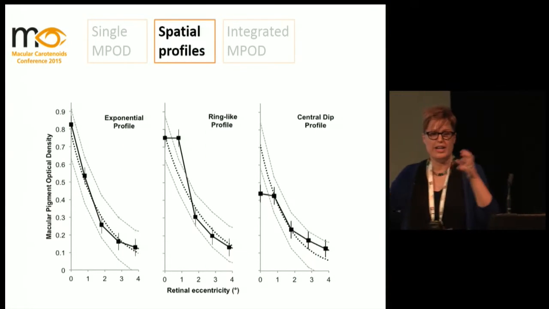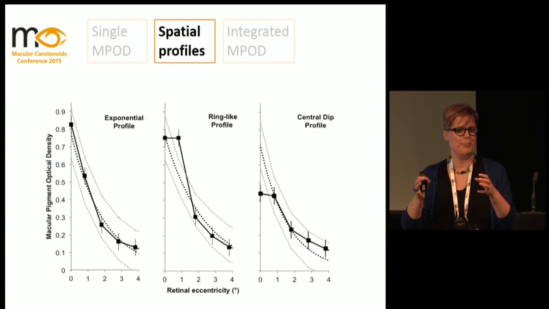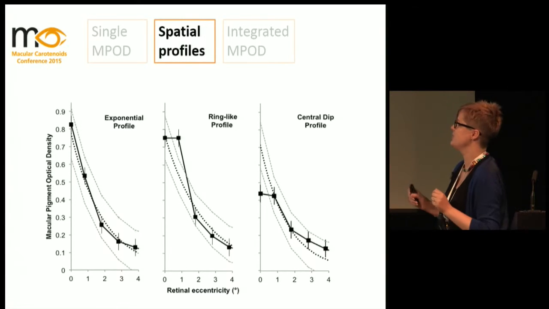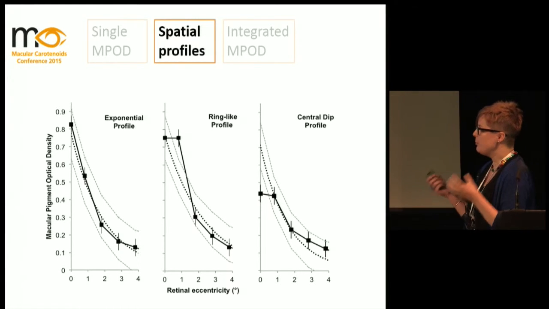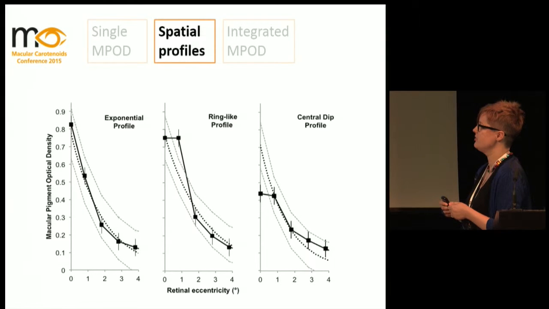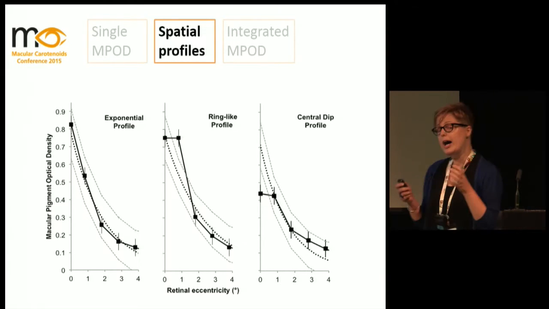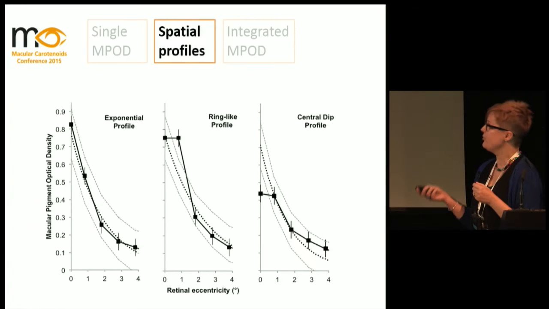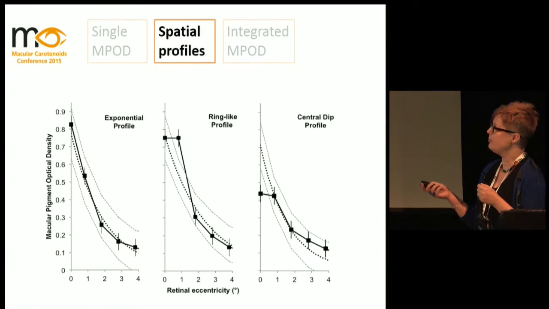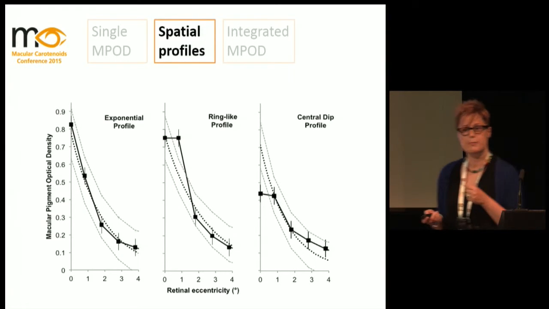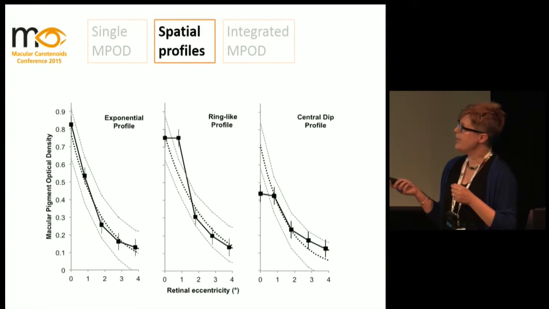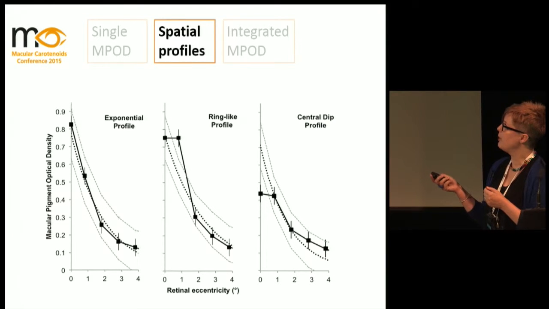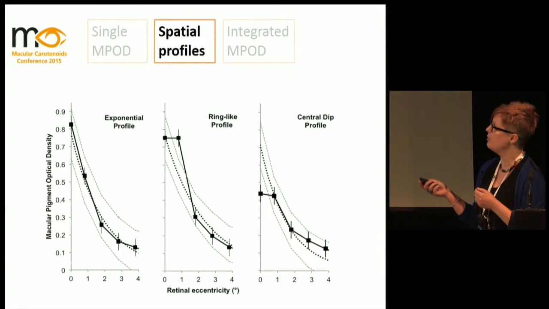Now we've got our individual macular pigment measurements at all these eccentricities, so we can start profiling. We have proposed this objective classification system, as I mentioned before. We plotted the individual macular pigment at all the different eccentricities, then fitted an exponential curve through it. To make it visible, I also plotted one coefficient of repeatability above and below for each of these eccentricities.